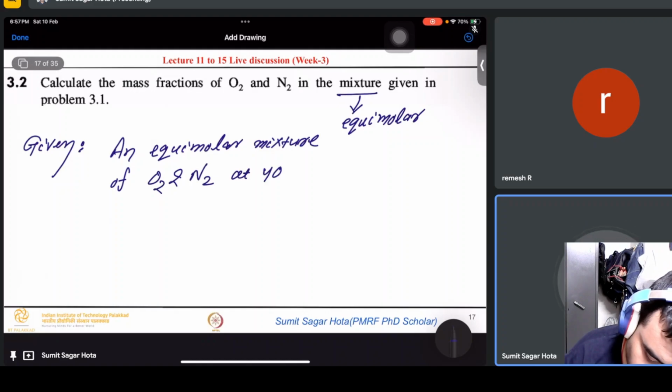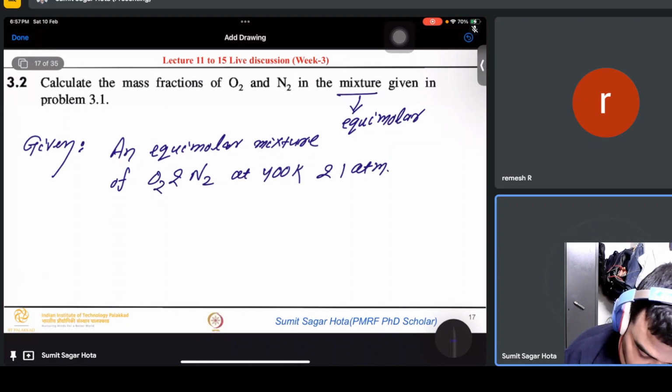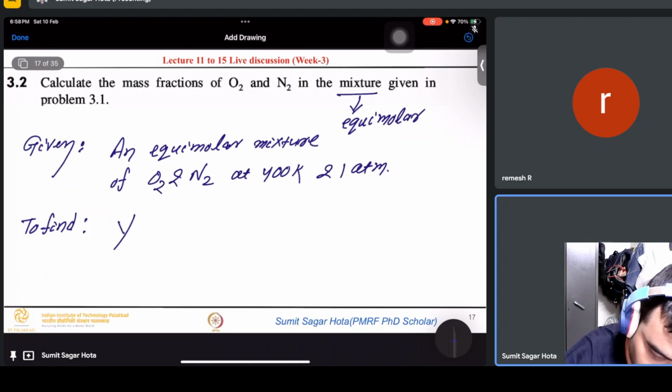At 400 Kelvin and 1 atmospheric. Mass fraction is represented by y, y of O2 and y of N2.